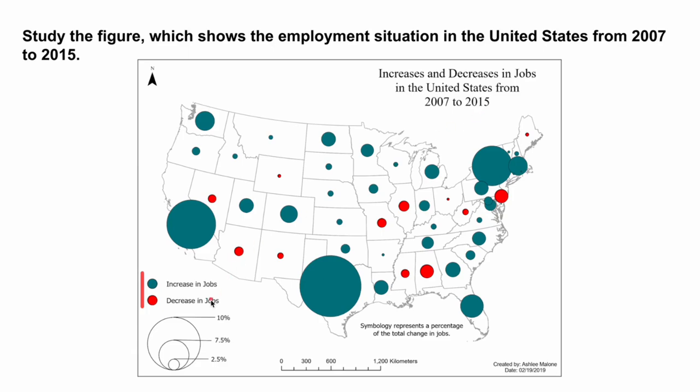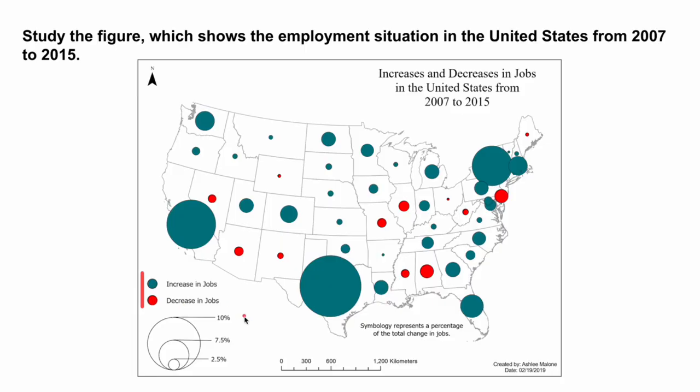The red color shows you a decrease in the number of jobs. So from the onset, you'll notice that in the map here, overall, there are more blues than reds, which then tells you that overall in the US, a lot more states see an increase in the number of jobs. Fewer states see a decrease in the number of jobs.